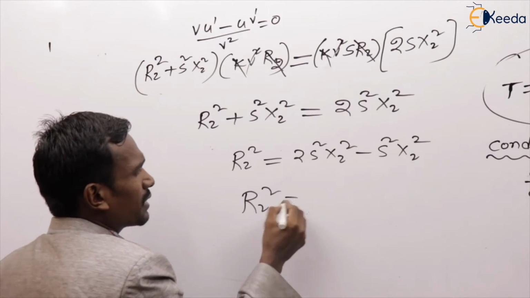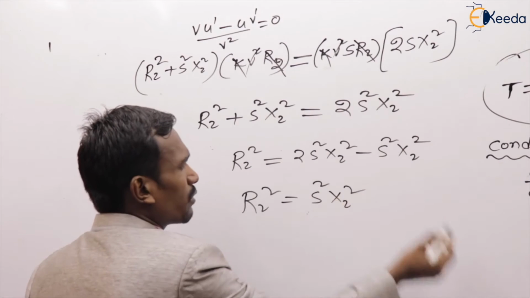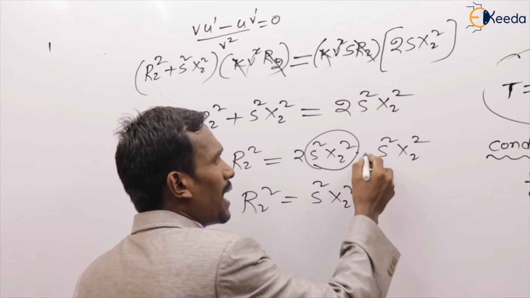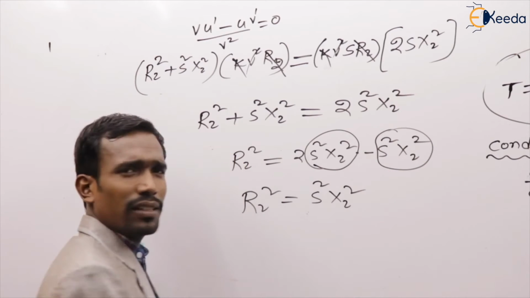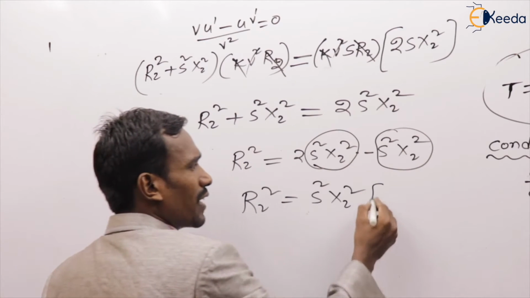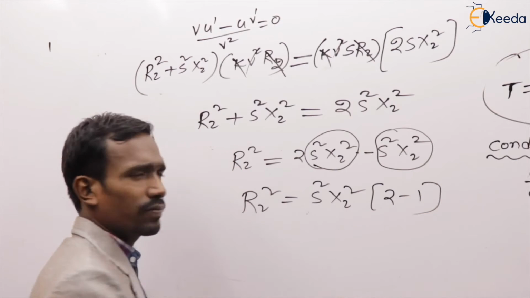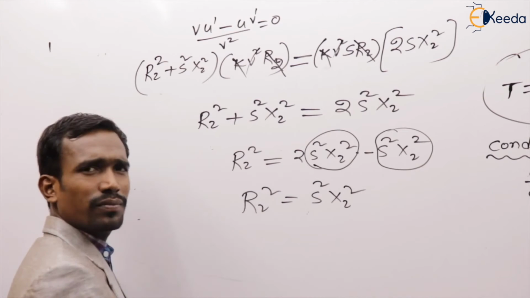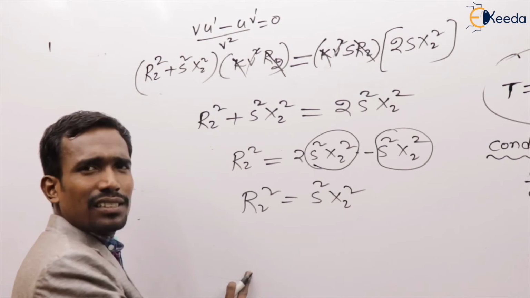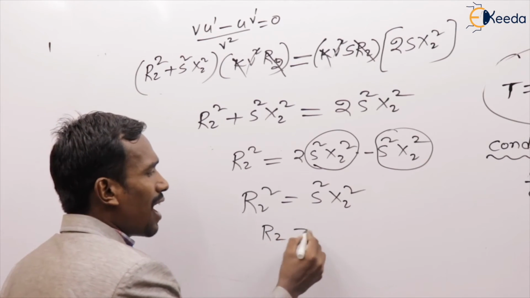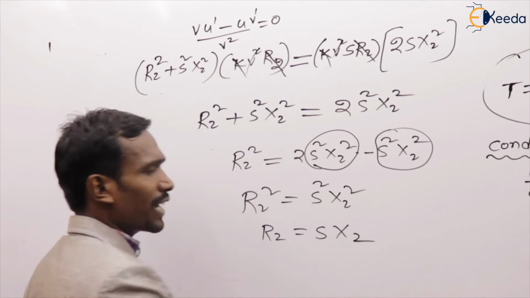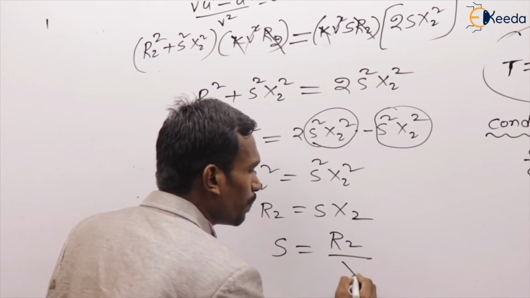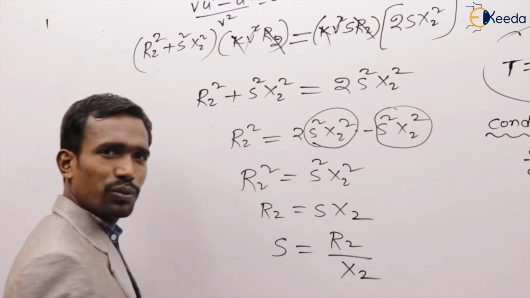Taking S square X2 square common, 2 minus 1 is 1. So R2 square is equal to S square X2 square. Taking the square root on both sides, R2 is equal to S into X2. So finally S is equal to R2 by X2.